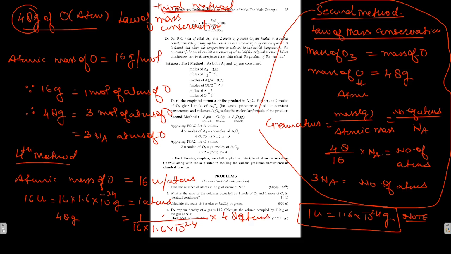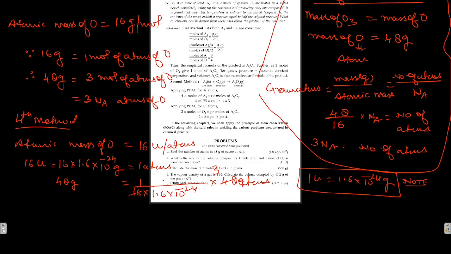atoms. From here we can say it is 3, and now this is equal to 3 upon 1.6 into 10 to the power minus 4 atoms, and this will be equal to 3 into 6.02 into 10 to the power 23 atoms.